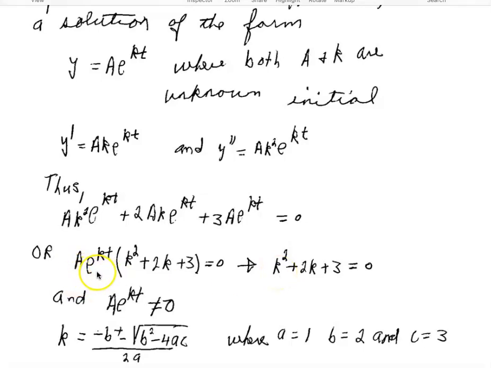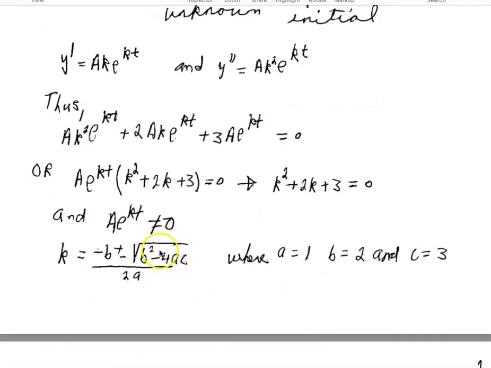You don't want this part to be 0, because if so, you don't have a solution at all. But it's okay to assign this part equal to 0. And when you do, you get the specific values for k. So k now is no longer an unknown.